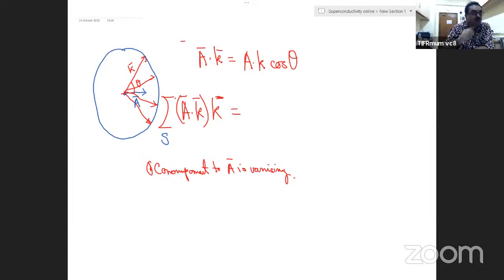All right. So therefore, this will become something like a k square cos square theta. Okay, and of course I have this sum here.